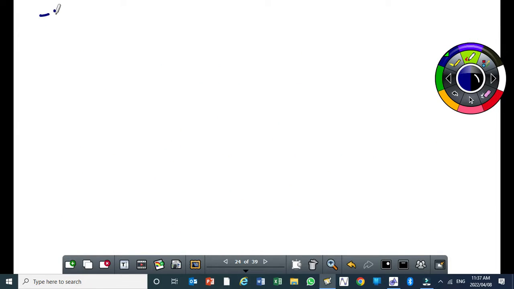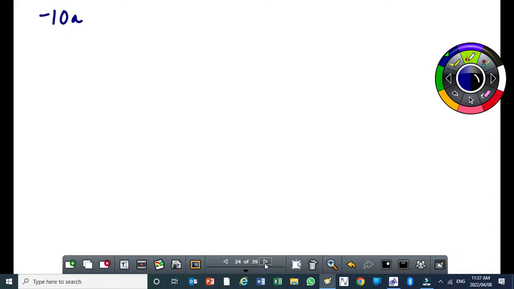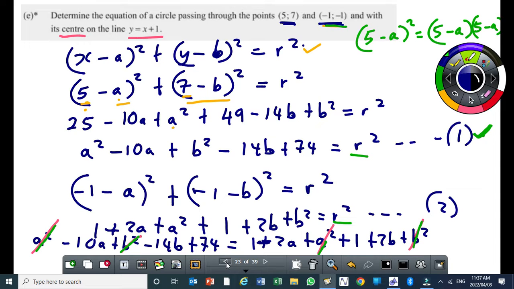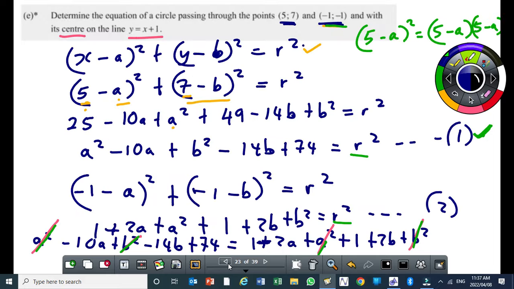We have got minus 10a minus 14b plus 74 is equal to the right-hand side. I can add the 1 and the 1, I'll get 2. So I'll get 2a plus 2b plus 2. So that's my new equation.